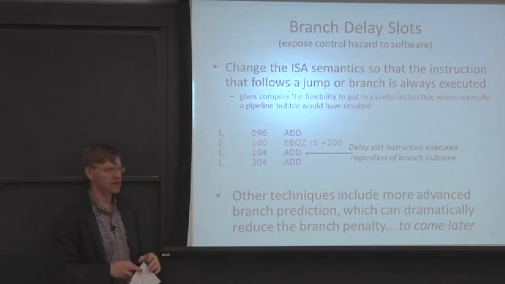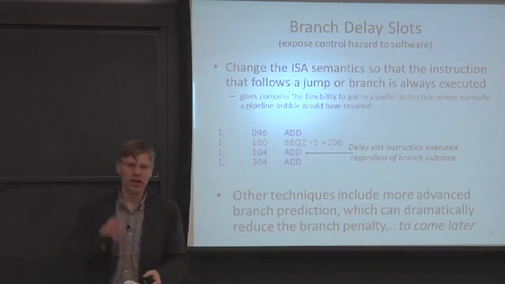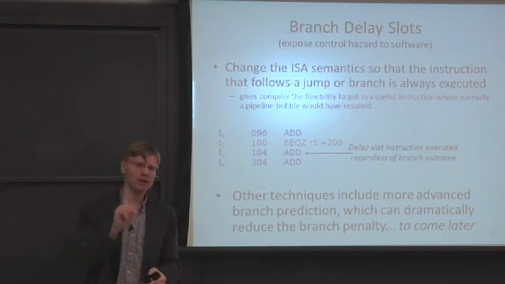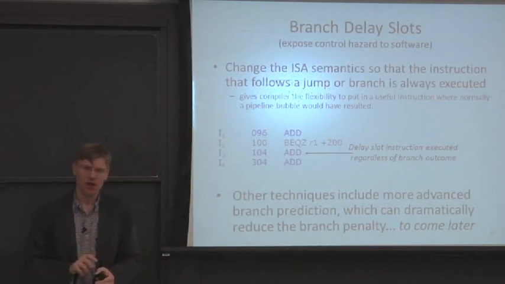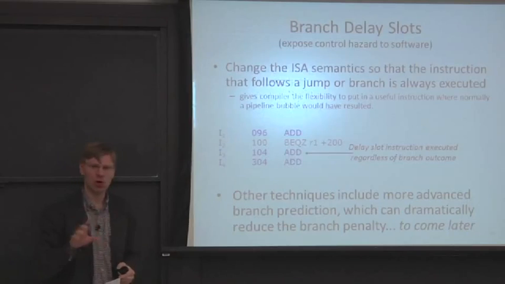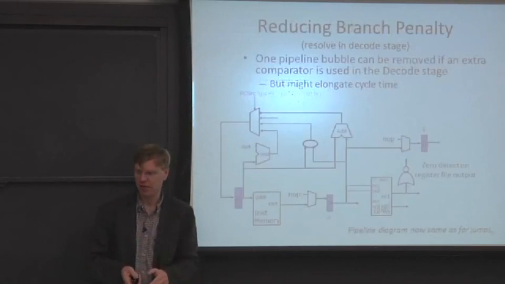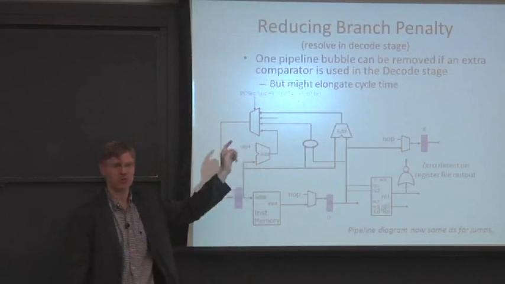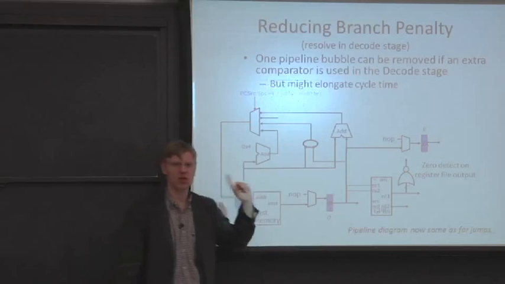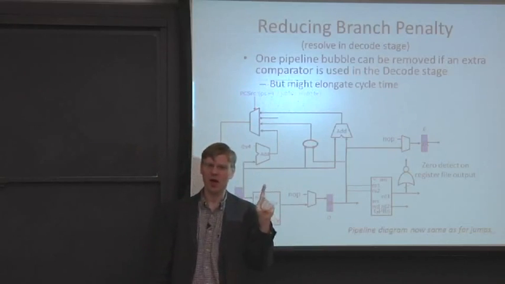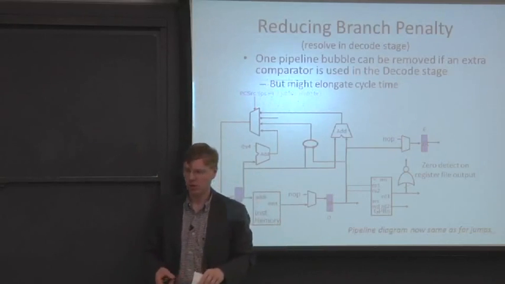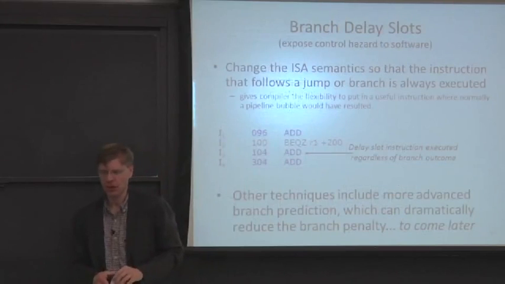So let's take a look at an example here where we have a branch and we have one delay slot. Some architectures have 2 or more, but right now we'll assume one delay slot. Let's also assume that we have this reduction of branch penalty optimization. So now branches only have one dead cycle when we're going to execute them.